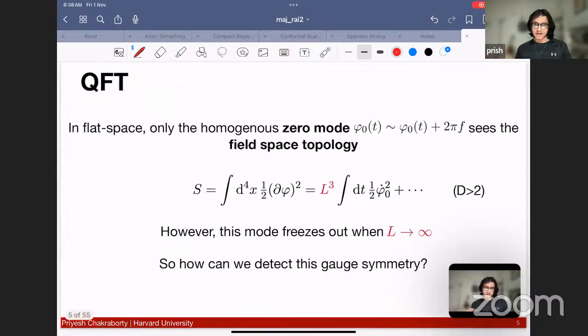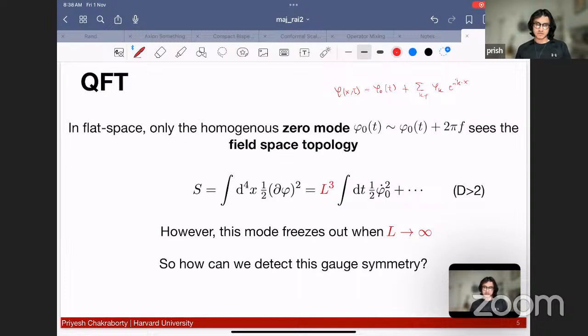But why does it not matter so much in quantum field theory in flat space? Well, that's because your full axion field has a zero mode, which is spatially homogeneous, plus some non-zero modes. And this gauge symmetry is seen entirely by the zero mode.